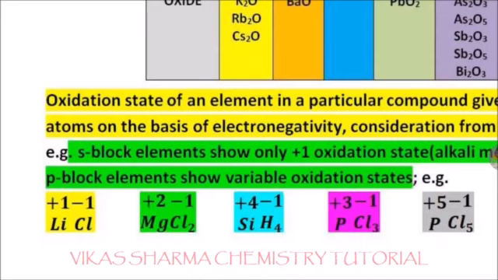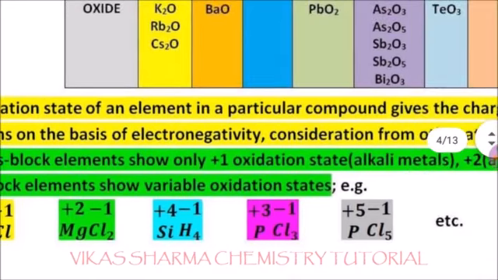Then SiH4: because silicon is less electronegative than hydrogen, silicon shows the +4 oxidation state and -1 is shown by the hydride. Silicon is also a member of group 14, and you know the group 14 p-block elements show variable oxidation states, so this proves it. In PCl3, the chlorine oxidation state is -1 because the halogen family has greater electronegativity than others. Phosphorus is a non-metal, but its oxidation state in this compound is +3.